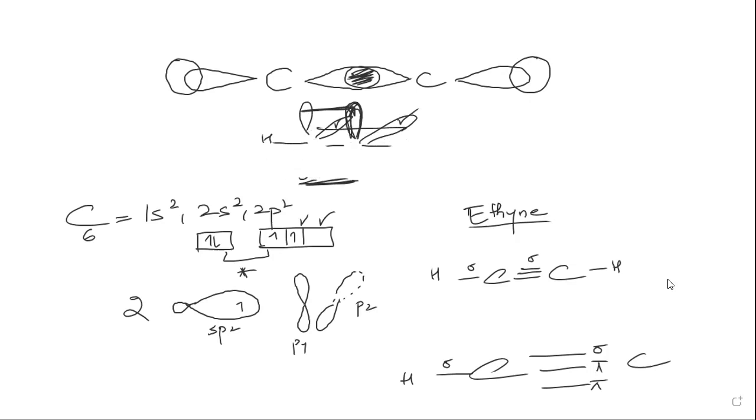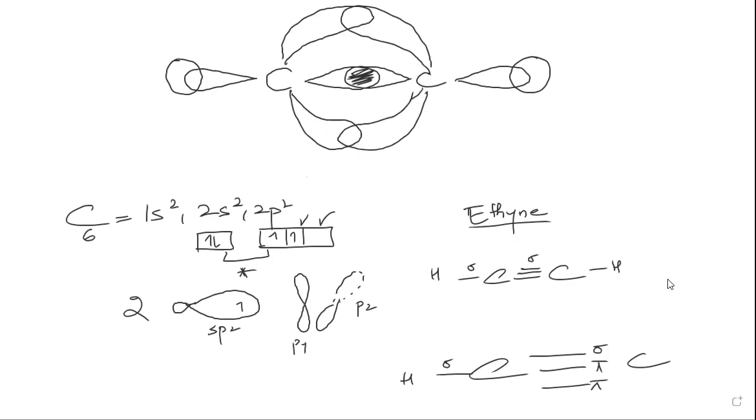So it means इसका जो py है वो यहाँ से overlap कर, front और back से इसका pz overlap कर रहे हैं, that I cannot draw on the screen. There is another pi bond which is formed by the overlapping of pz orbitals on the front side of the screen and on the back side of the screen. So there are two pi bonds.